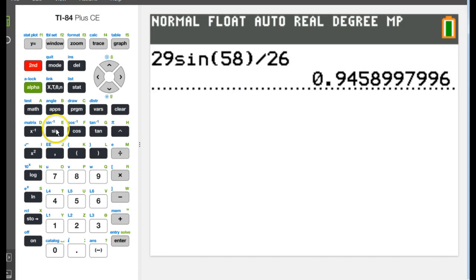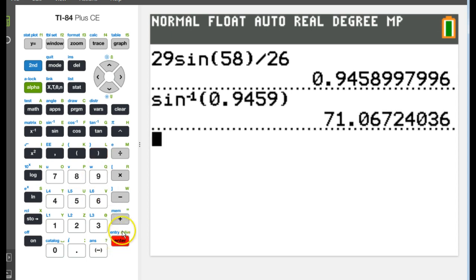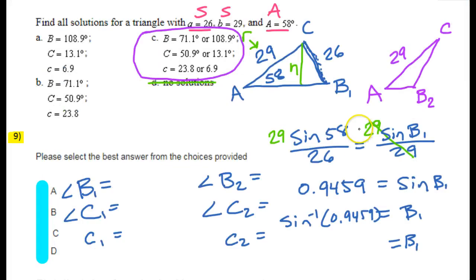And that's giving me 71.06. Let's call it 71.1. So that's B1, 71.1.